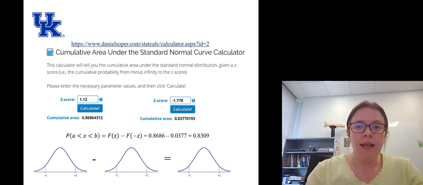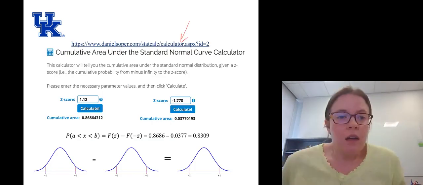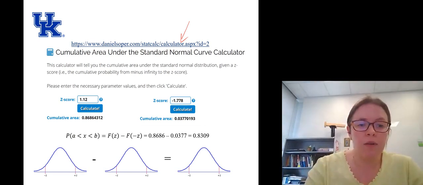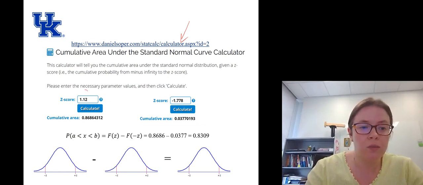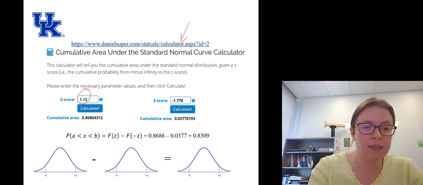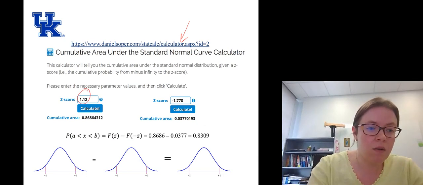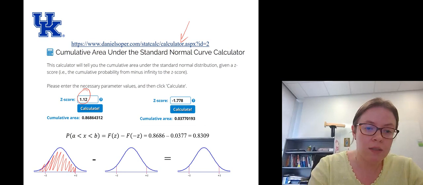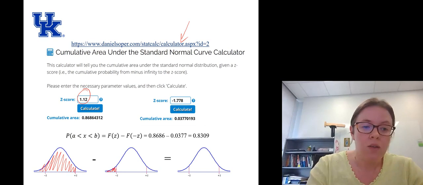I went and used this handy website here and got the area for the value of 1.12, which was 0.8686. That's all this area here. And then the value for negative 1.778 is 0.0377, which is this area here.